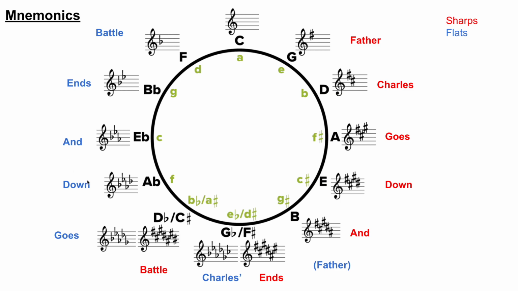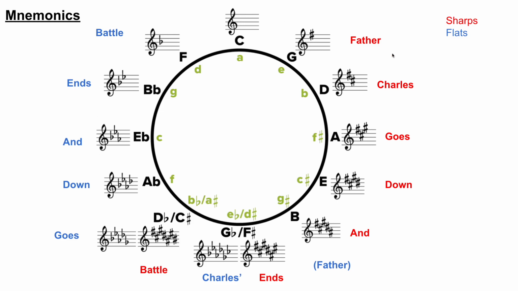So just remembering that sentence, Father Charles goes down and ends battle for the sharps in the major keys, and the sentence but backwards, battle ends and down goes Charles's father for the flats in major keys.